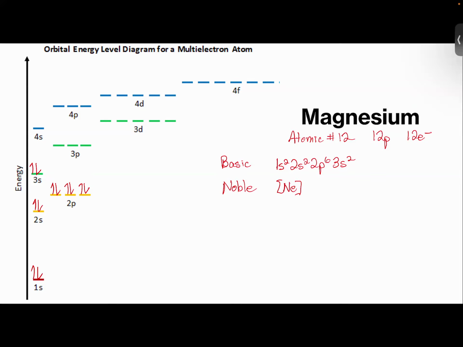By writing the word neon in brackets, we're saying I have everything neon has. I only need to know what neon doesn't have. Well, this is the S block. It's 3s, and there are 2 electrons. So the 3s2 is what neon does not have.